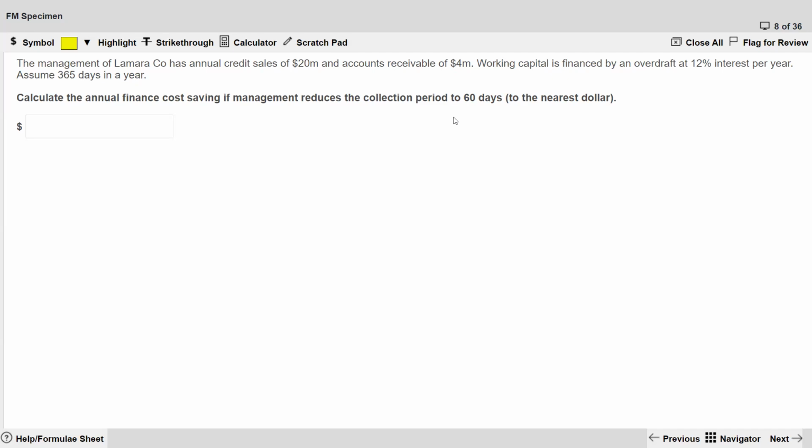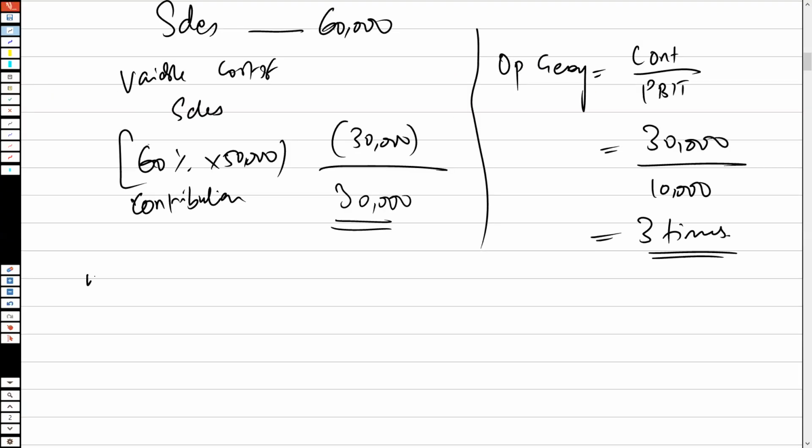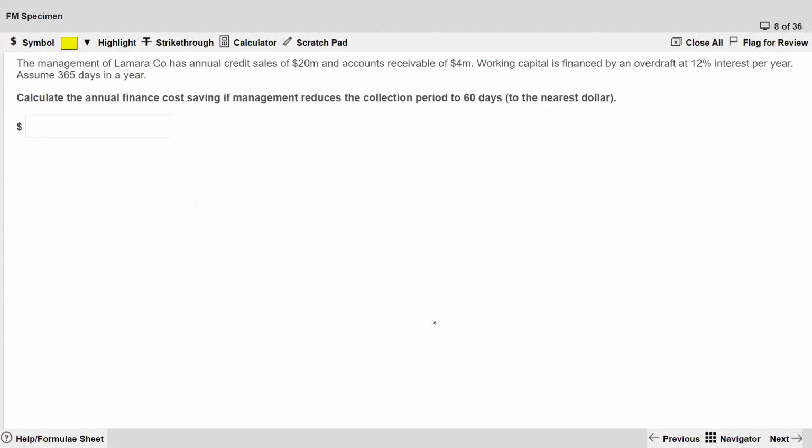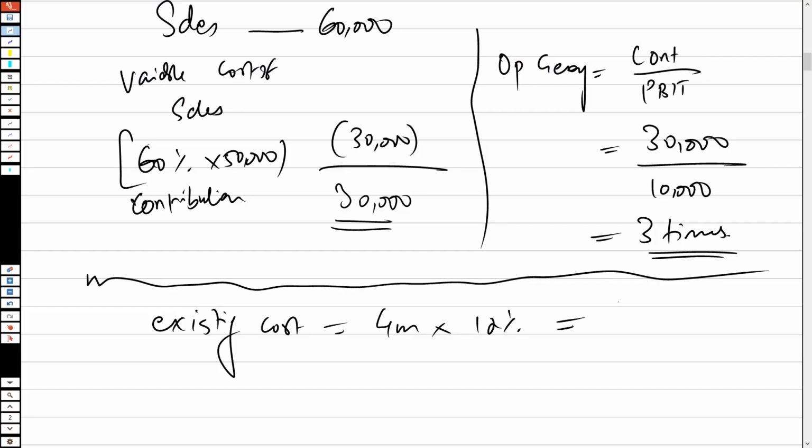So what is actually going to happen is that the existing cost is 4 million, your average receivable. And this 4 million average receivable is going to be multiplied with 12%. So the average cost right now is 480,000.